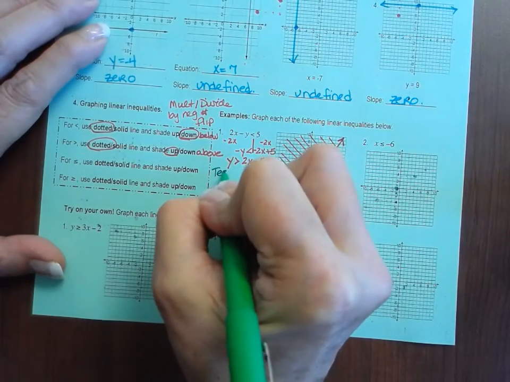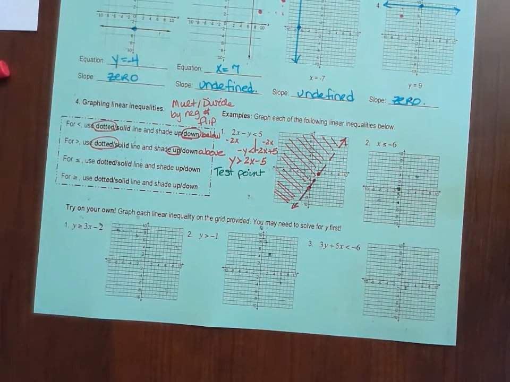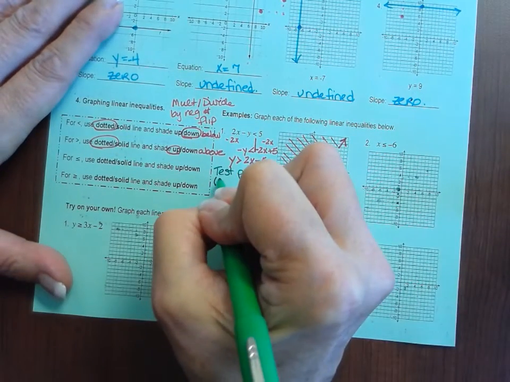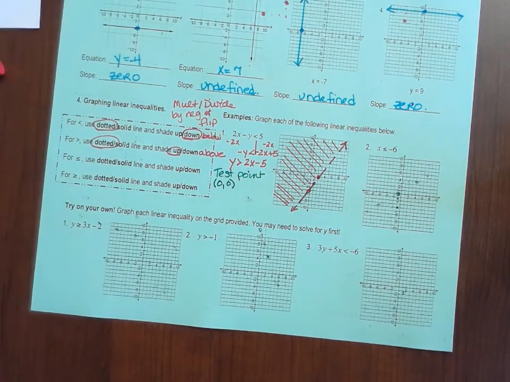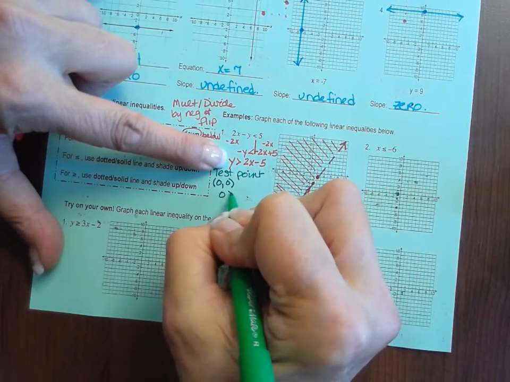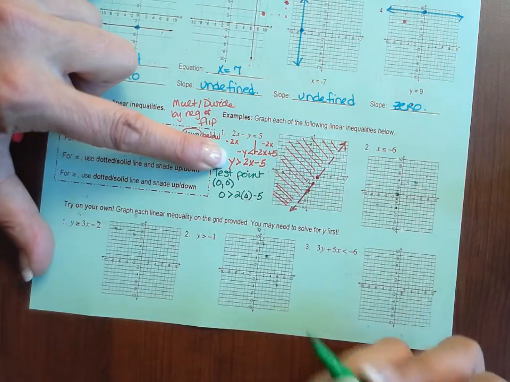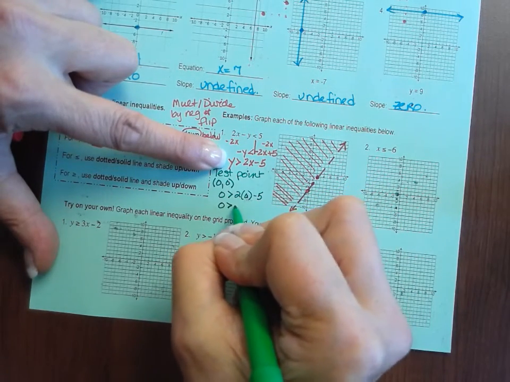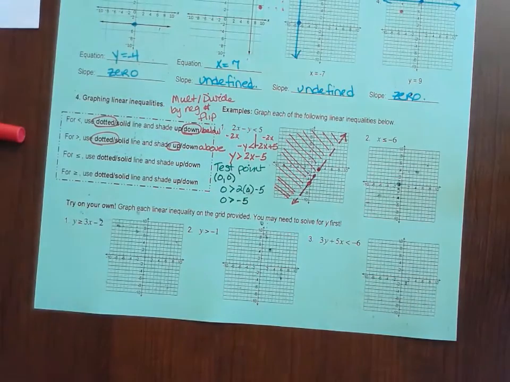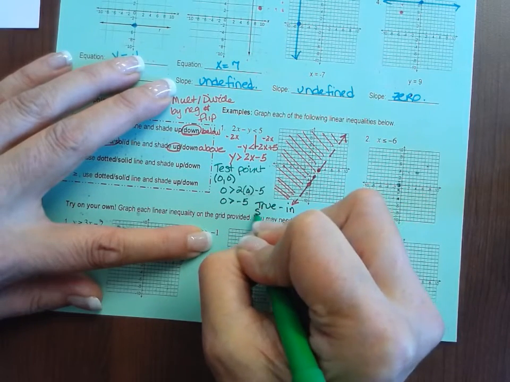Pick any point you want. Personally, I like 0, 0 because it makes it super easy. Put it into your equation. So 0 is greater than 2 times 0 minus 5, which simplifies to 0 is greater than negative 5. Is that true? Yeah. So since it's true, it's in the shaded area.